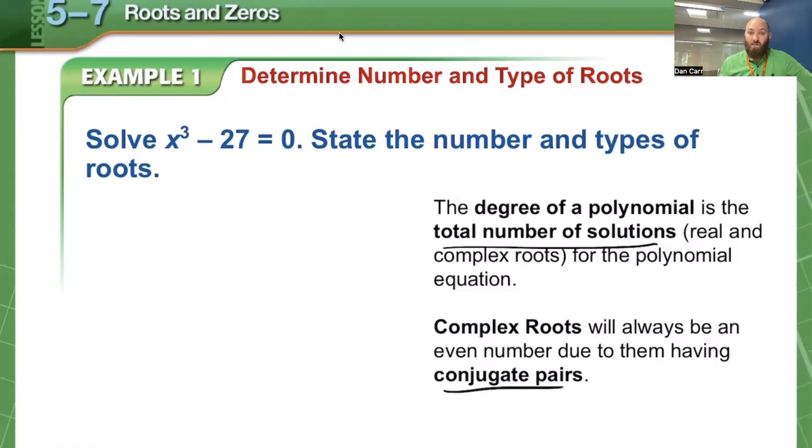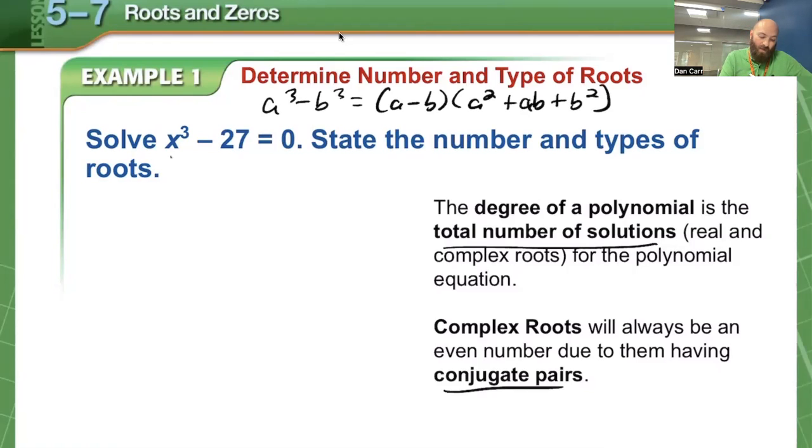How I'm going to do this is start with factoring. X cubed minus 27 is two perfect cubes. Remember from before, that follows the pattern a minus b, and then a squared plus ab plus b squared. So x is going to be a, and x cubed minus 27 is the same as x cubed minus 3 cubed.